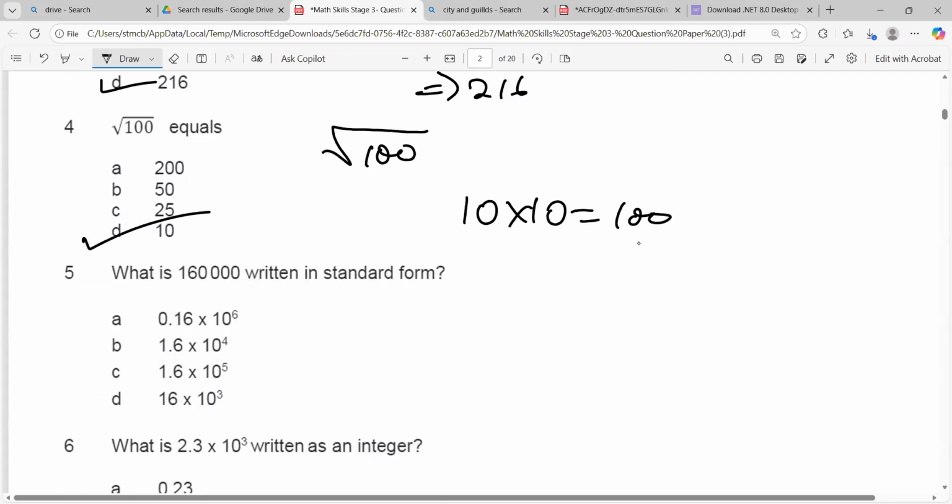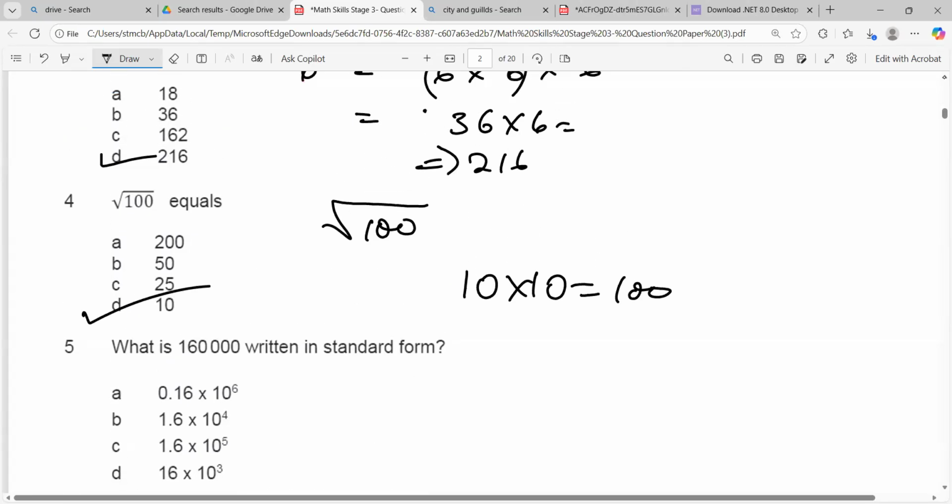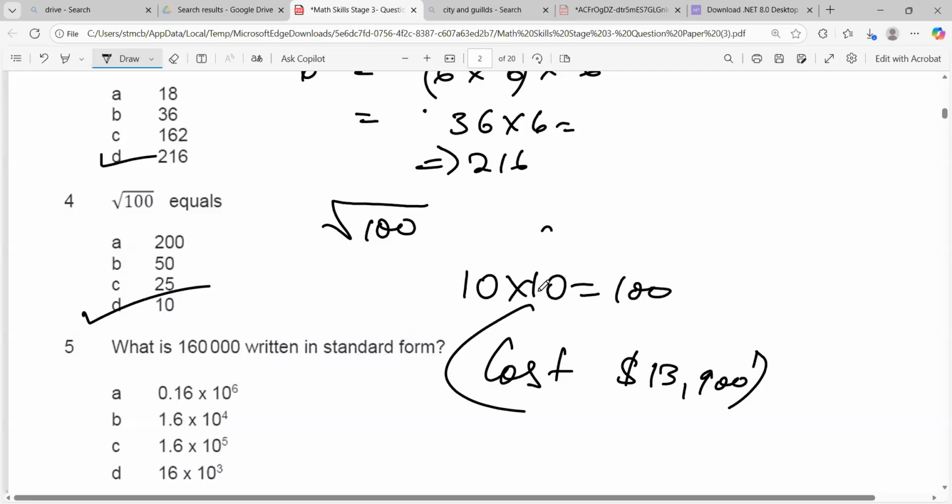All right. Number 5. What is 160,000 written in standard form? Standard form means the number must be between 1 and 10, right?